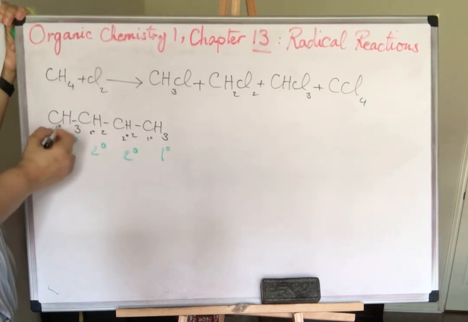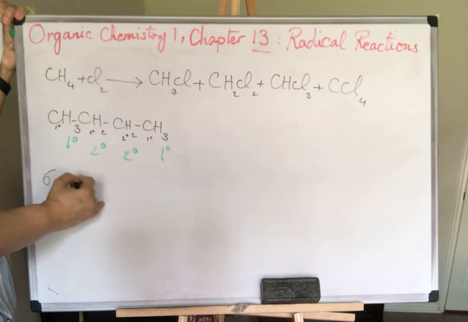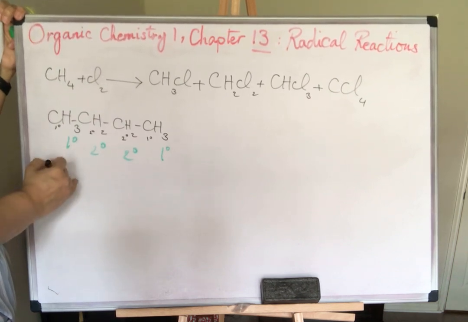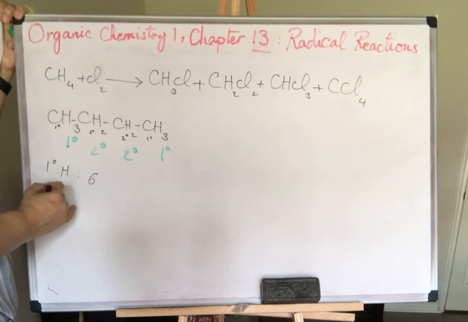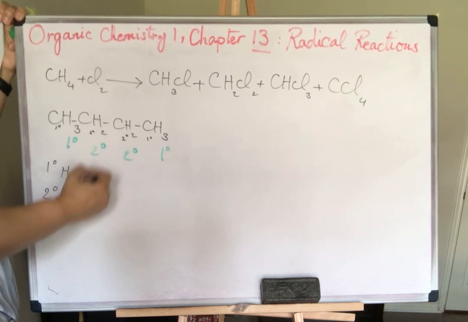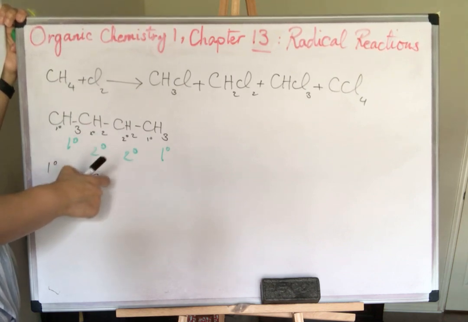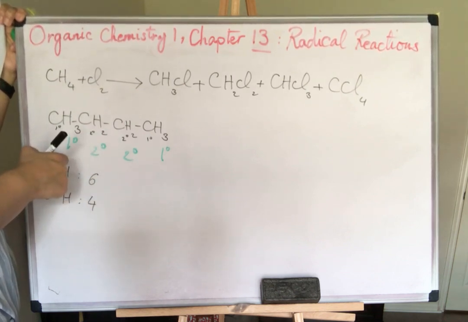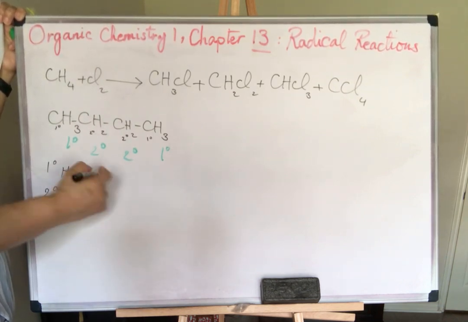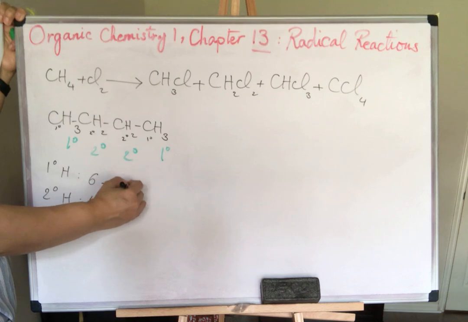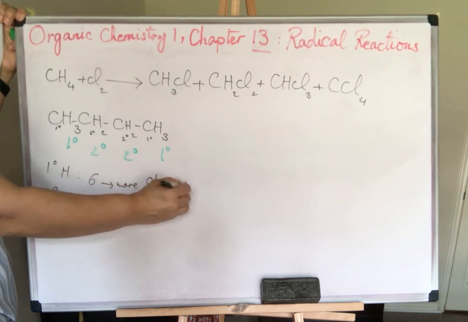How many primary hydrogens do you see here? 3 and 3. 6 primary hydrogens. And how many secondary? You see 2 plus 2, 4. So the chance of having these 6 hydrogens, primary hydrogens, to be replaced is more chance, right? 6 versus 4.